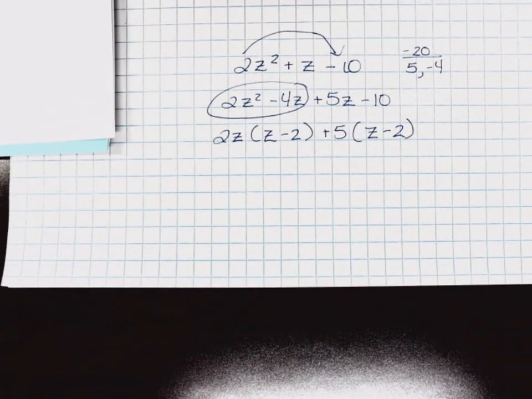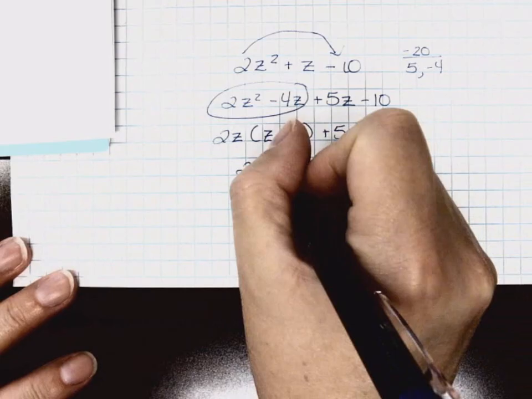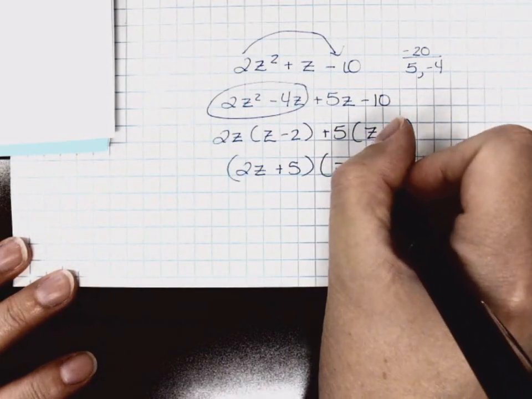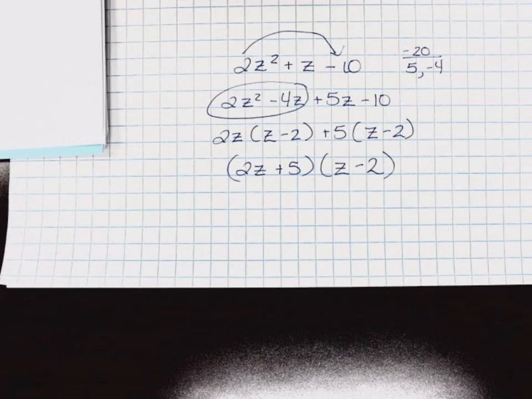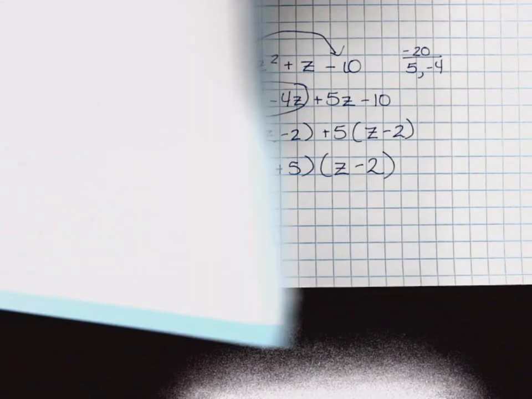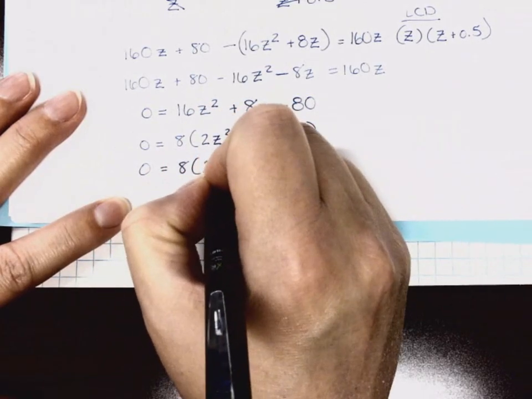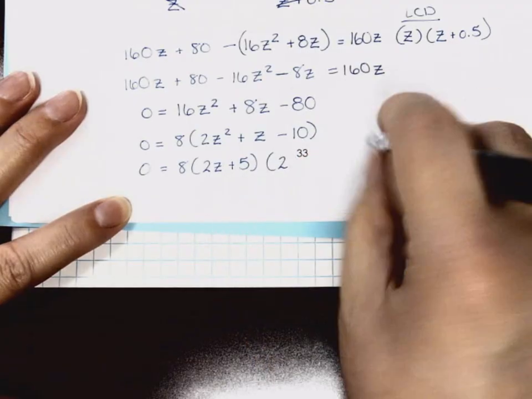And again, it doesn't take me super long to do it, but I like doing it on a separate, clean piece of paper. Lots of room to make mistakes, lots of room to work out my math. Okay, so am I good to flip back to the other page? So this is going to be 8 times (2z plus 5) times (z minus 2) equals 0.